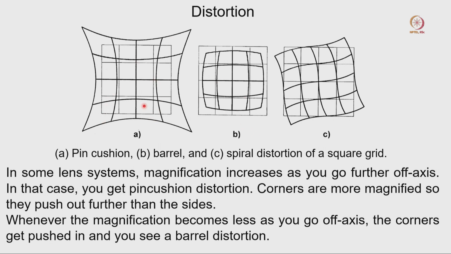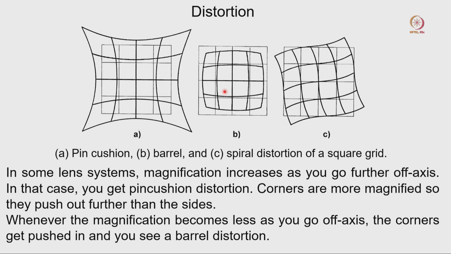One is pincushion distortion and one is barrel distortion, and you can see a spiral distortion also. If you change the magnification, your image will rotate in a different way, and you will get this kind of shape when you rotate that. Sometimes in a pincushion distortion, the corner of the image has a different magnification and the center has a different magnification.